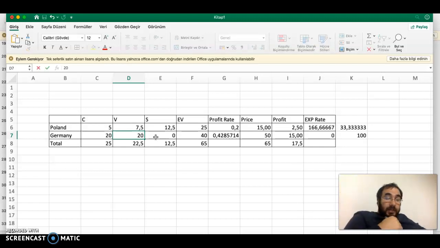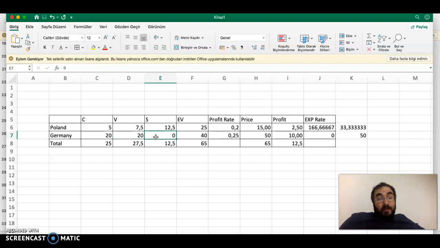Obviously, if that were the case, German capitalists won't get any surplus value, which will decrease their profit rate to zero. So Germany, as a capitalist country, could not survive, assuming, of course, Germany is a closed economy.